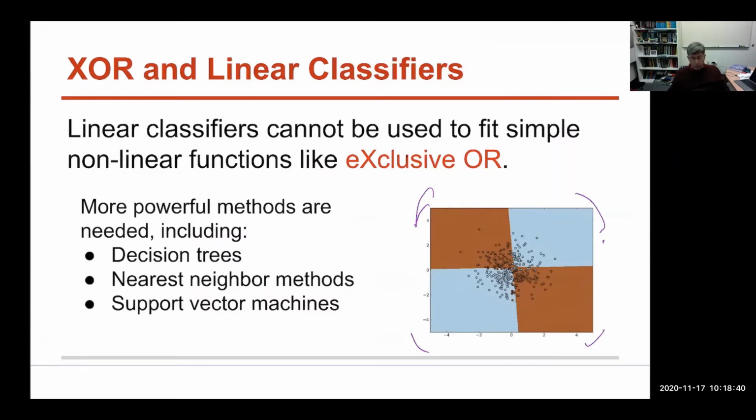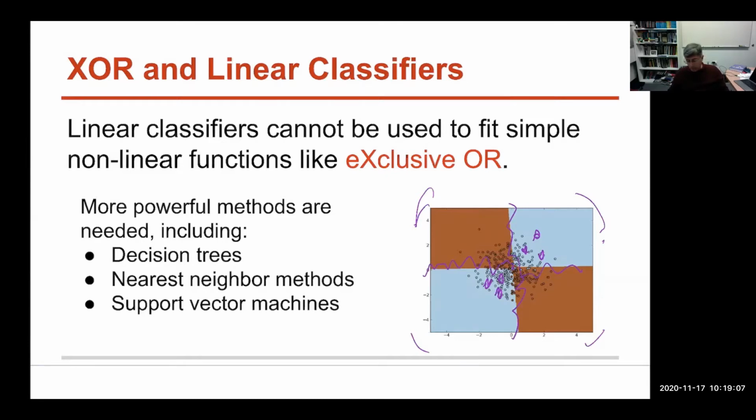If you wanted to try to do a classification of an XOR type problem, you need something nonlinear. Nearest neighbor methods would actually tend to do well if you had some examples. It would probably come up with decision boundaries that can have a shape like this.